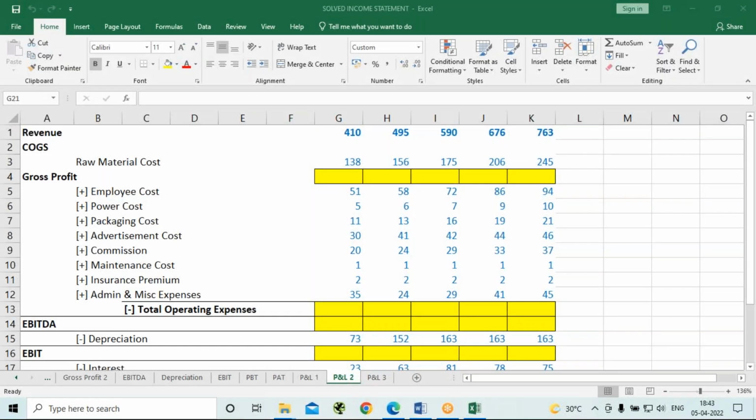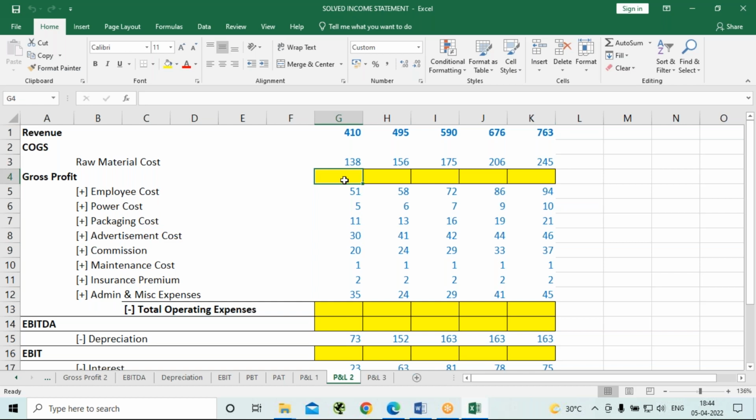Can anyone try? I hope the screen is visible. Can anyone try with this calculation? It is only with the values. So we are supposed to give me the calculations.